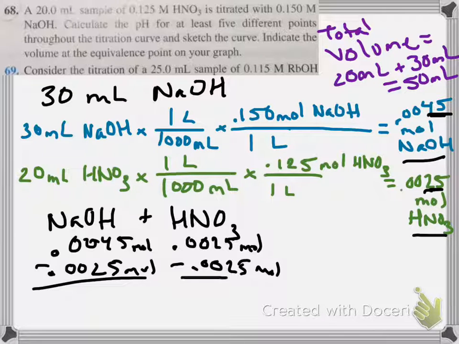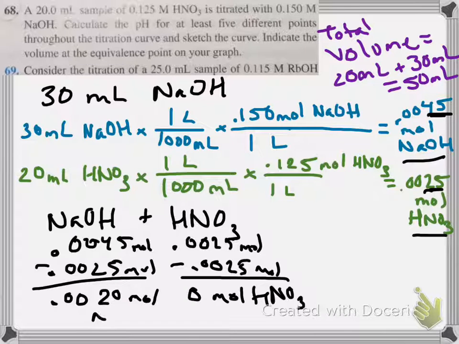Okay, so now I'm left with 0 moles of HNO3, and I'm left with 0.002 moles of NaOH. So again, this is my moles of NaOH.